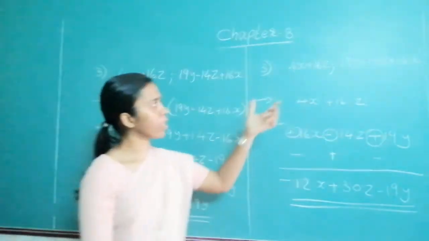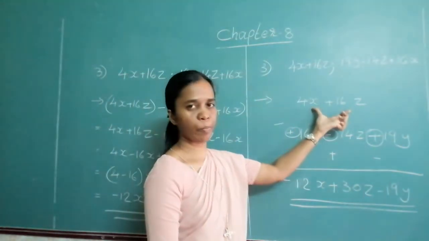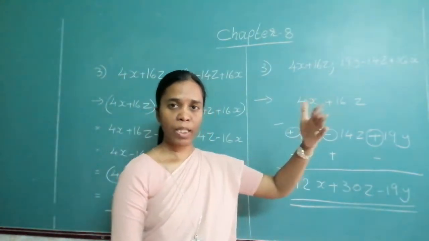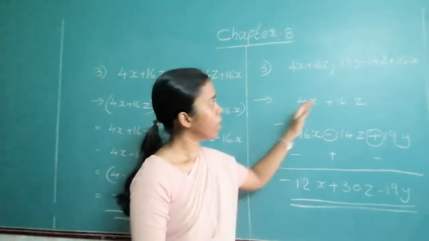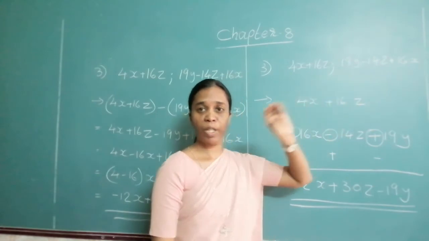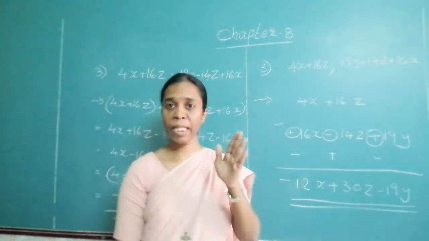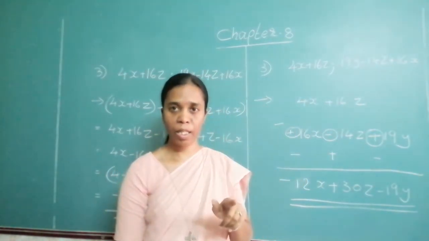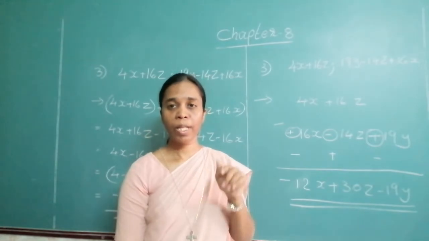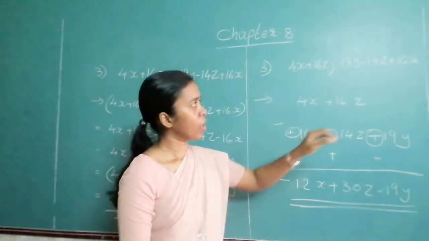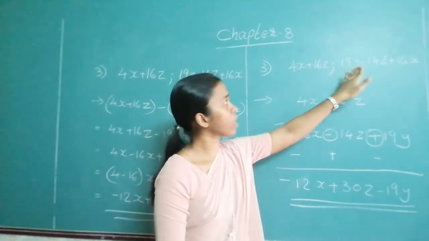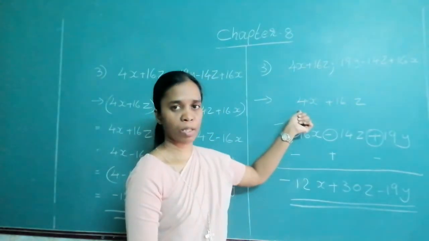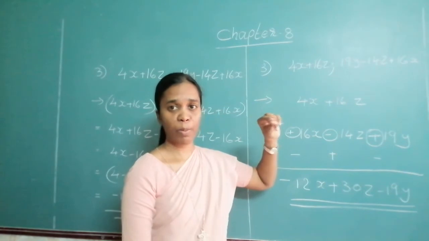When you do it vertically, you write first the binomial. Second term, we are subtracting it, put minus sign. Write the second expression. When you write the second expression, please take care. Like terms have to be one below the other. If you look at it, the first is given 19y. So you cannot write this 19y just below 4x. You have to write the like terms one below the other.